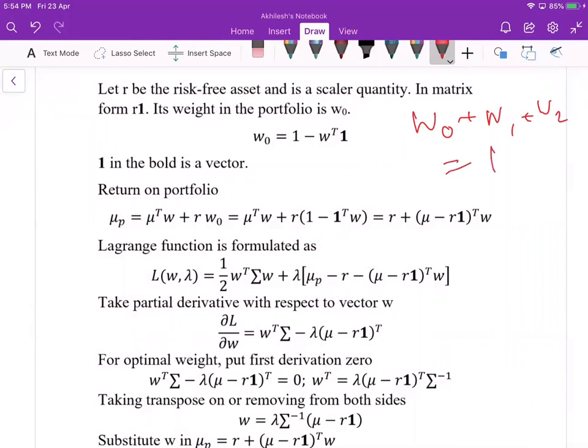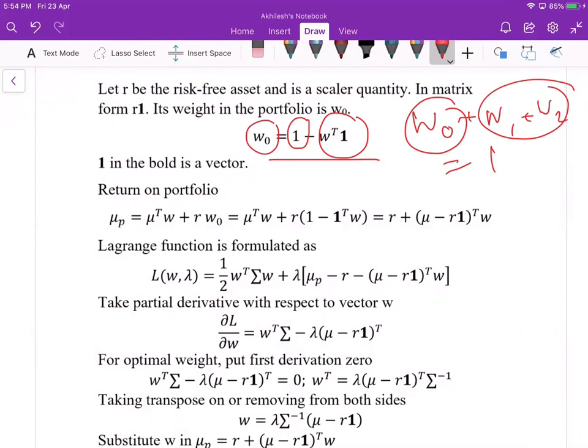So W transpose into the unit vector 1, when you multiply, gives a scalar, and 1 minus this term will become W naught, the weight on the risk-free asset. The 1 is a scalar, W transpose is in matrix form, and the bold 1 is a column vector.